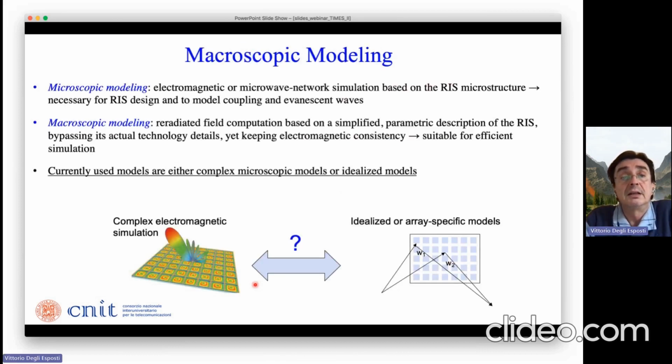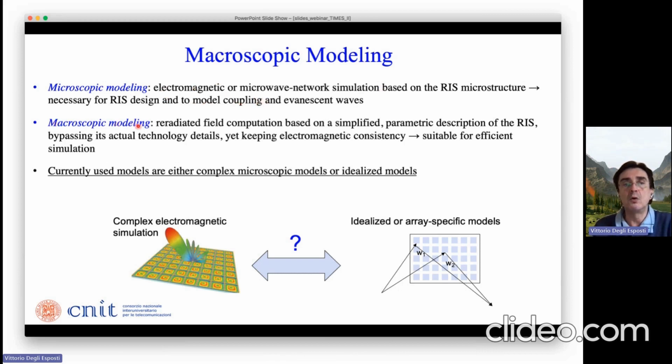So models can be microscopic. In this case, we have electromagnetic or microwave network simulation methods based on the RIS microstructure. And these models are necessary for the design, for the detailed analysis of the behavior of such surfaces. However, these models are computationally very heavy.